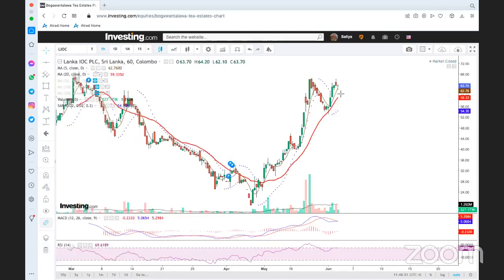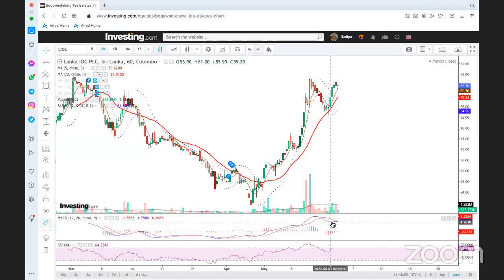In the hourly chart, LIOC has tested this area and now gone up to test this level, right? And then the PSAR is below the price line. RSI is above 50 points, right? And the MACD line is above the center line, which is bullish.